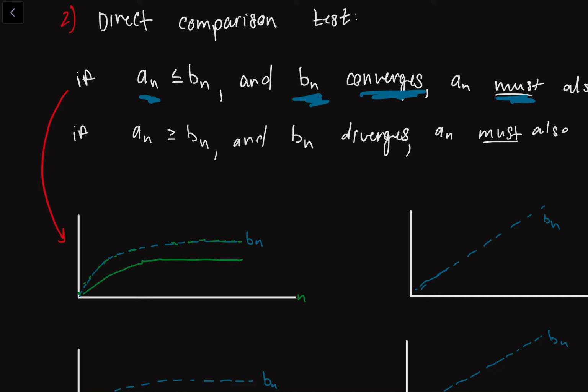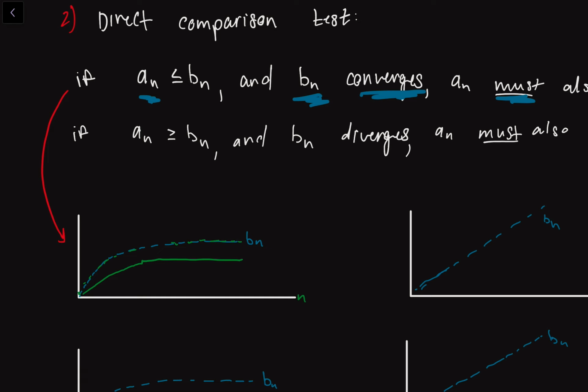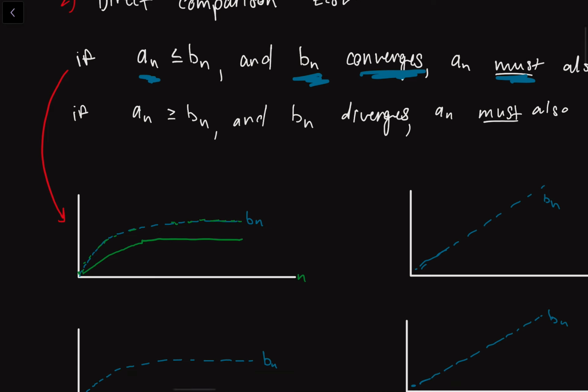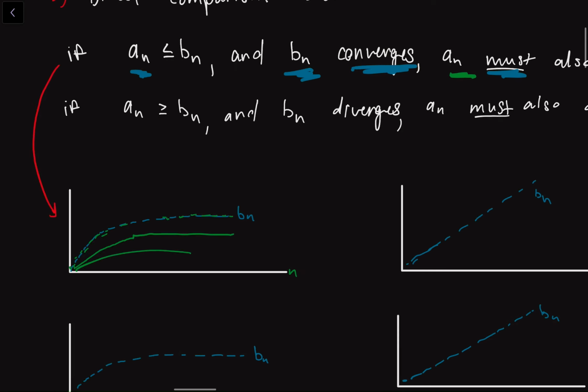If it's less than or equal to b sub n, it will converge. Basically, it cannot just cross b sub n and diverge out of nowhere. Diverge means to keep growing as n grows, right? So if b sub n converges and a sub n is less than b sub n, then a sub n will also converge. But there's another case.